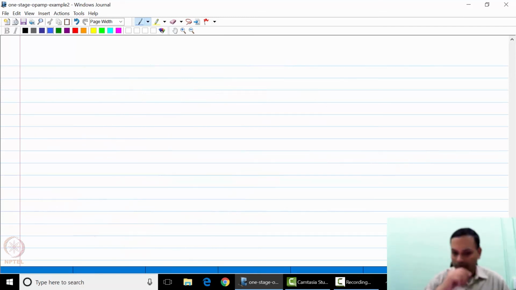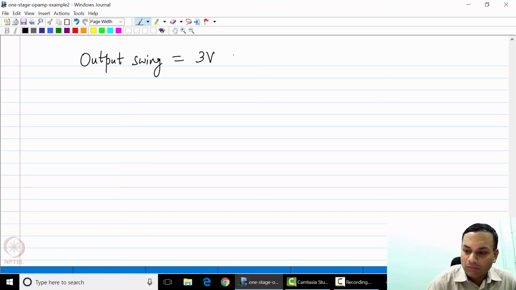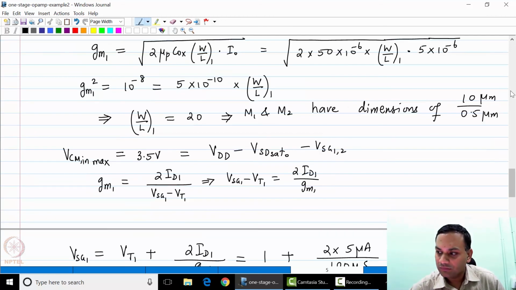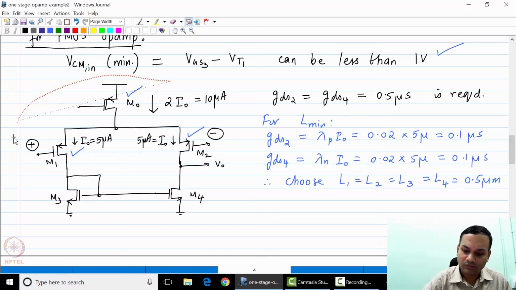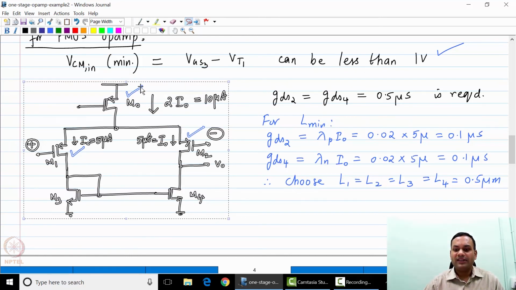So the minimum output swing is 3 volts peak to peak. So let us assume that this swing is equally distributed on the upper side and the lower side.